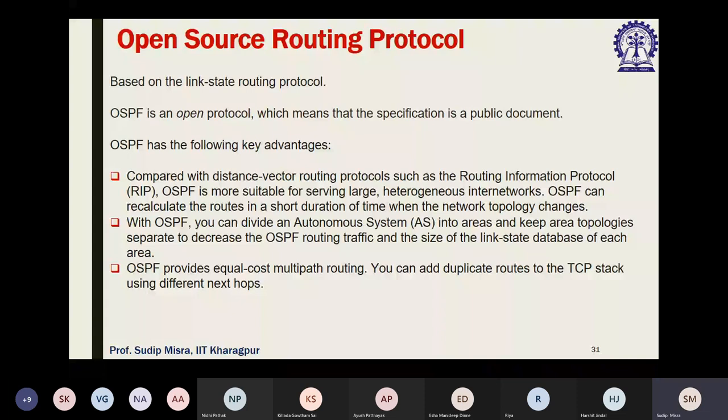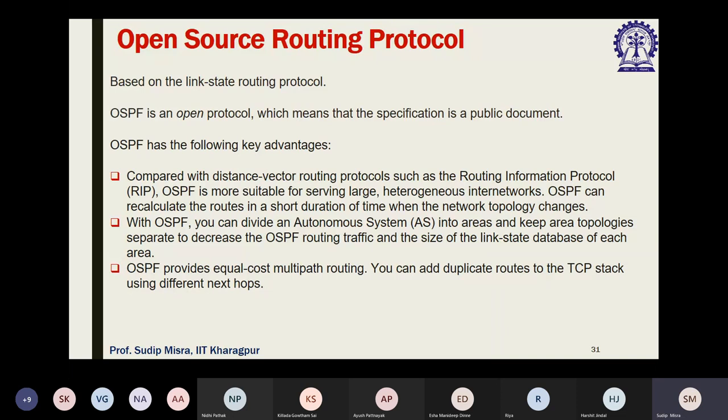A few other features of the Open Shortest Path First Protocol: this term open. Because it is open, it's an open standard, a standard routing protocol that is followed in many routers.